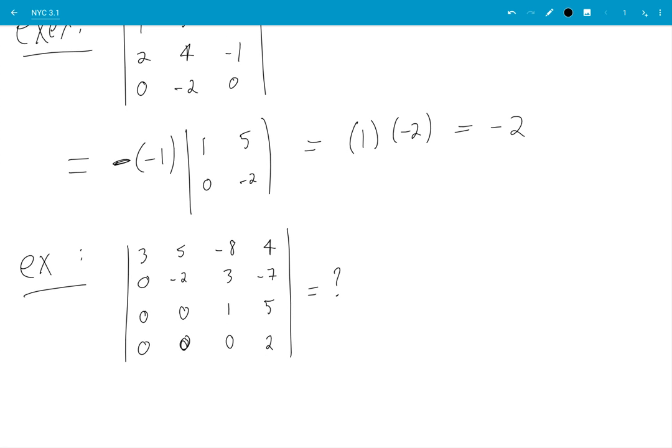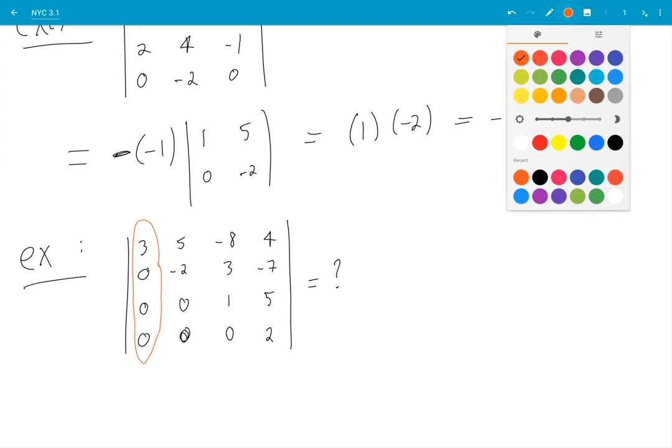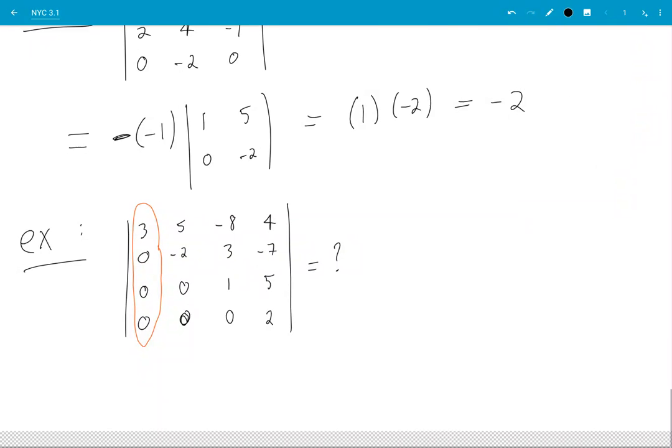I'll just do this one example. Okay, looking at all the zeros I have here, choosing the first column is a good idea.